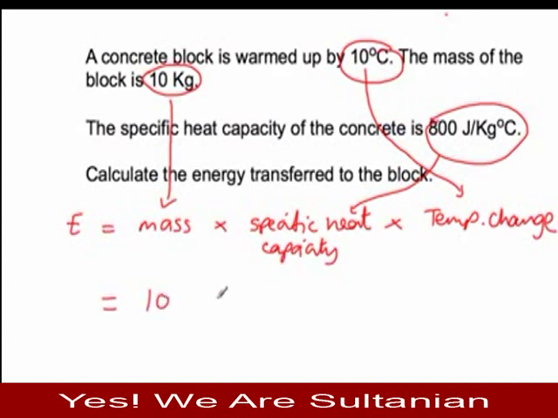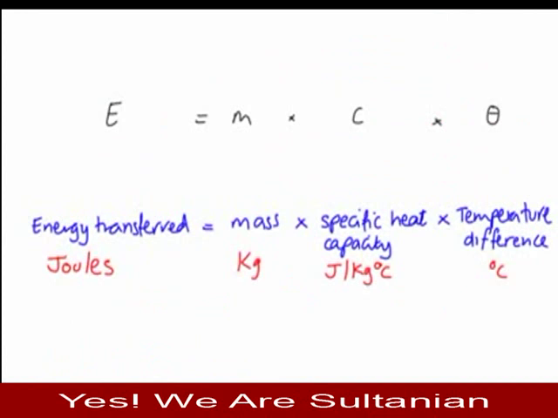So it's 10 times 800 times 10. And if you work that out, that works out at 800,000. Okay, so it's 800,000. It's energy transferred. And if you remember, energy transferred from our previous slide is measured in joules.